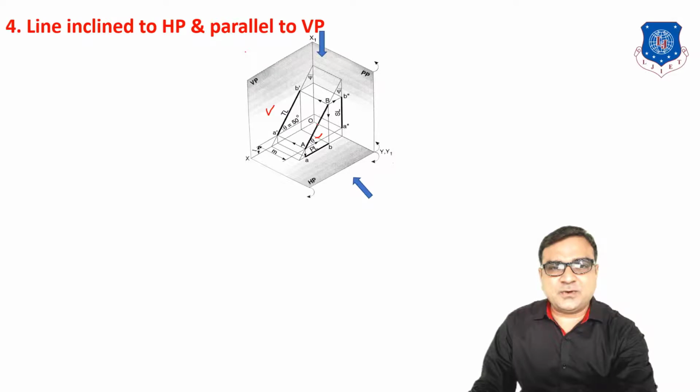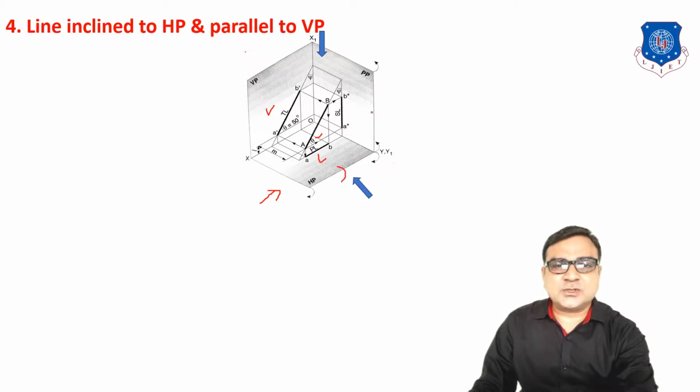The top view of line AB on the horizontal plane is small ab, but the length of this top view will be less than true length because our line is inclined to the horizontal plane. The left hand side view projection on the profile plane, A dash A double dash B double dash, will be the side view, and it is also less than true length.